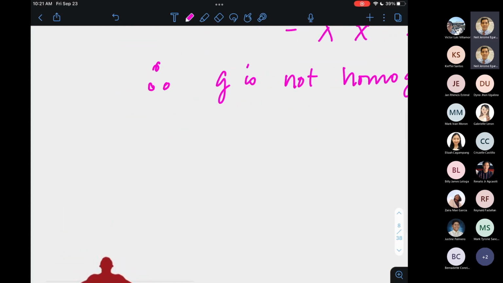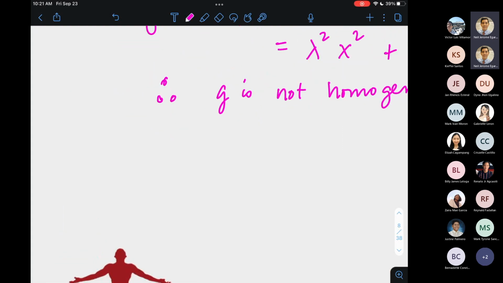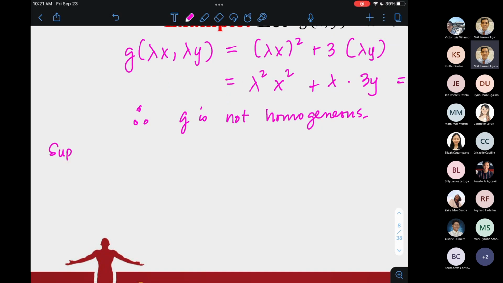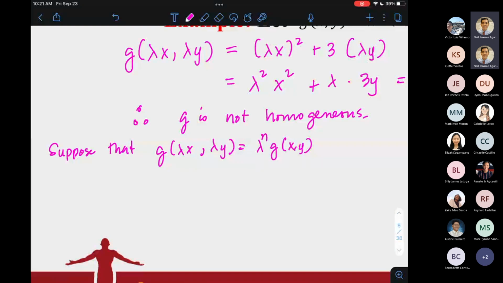But just to complete the discussion, you can say, okay, suppose that g of lambda x, lambda y is equal to lambda to the n times g of x, y. Suppose, remember that's proof by contradiction, classic.